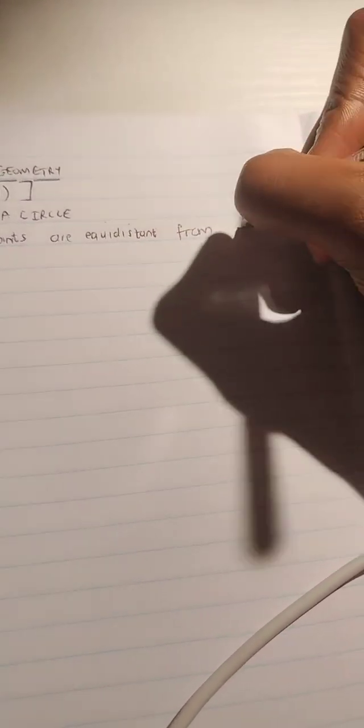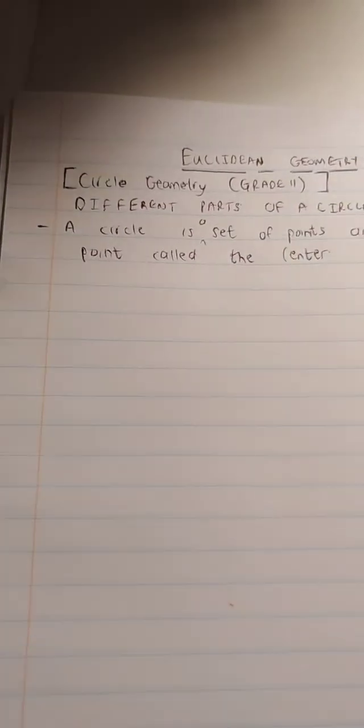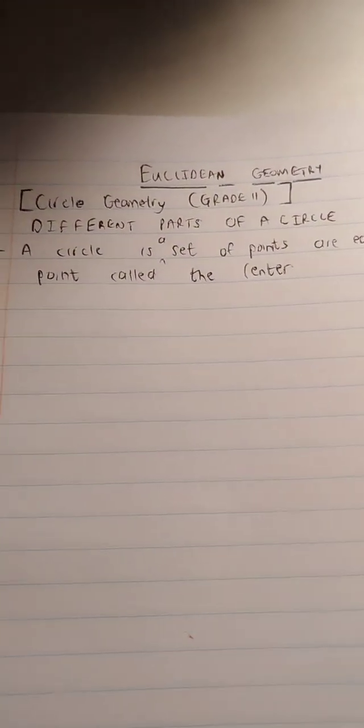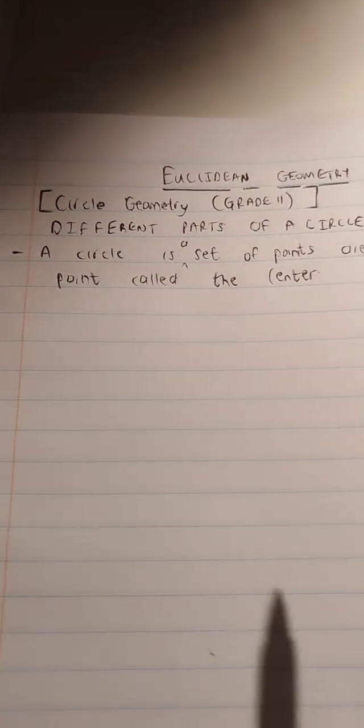But equidistant from what? They are equidistant from a fixed point called the center. That's very important to first set us off in our basic understanding of circle geometry.